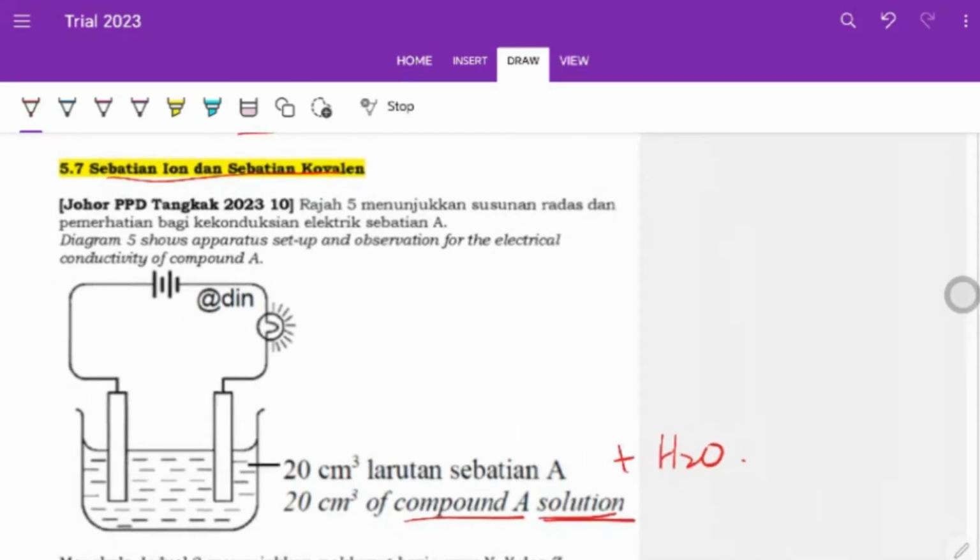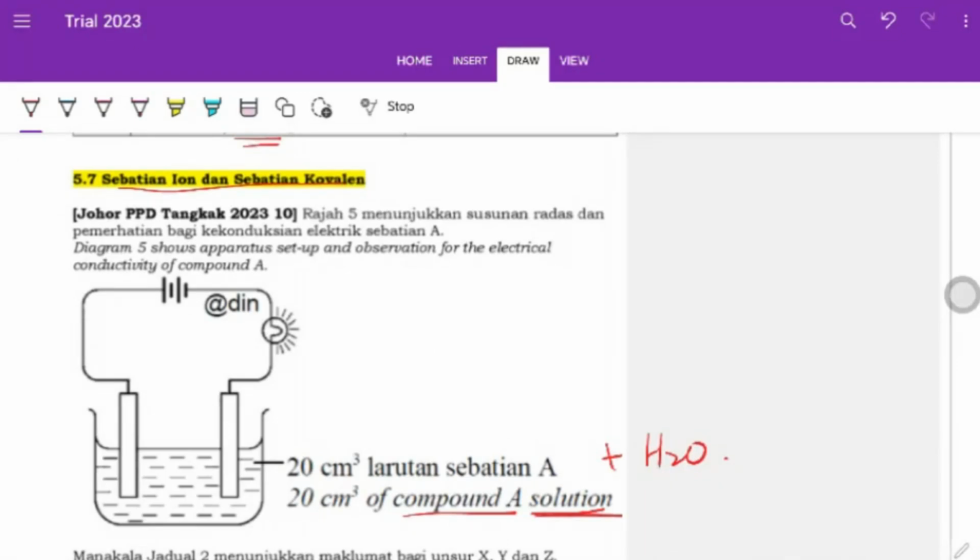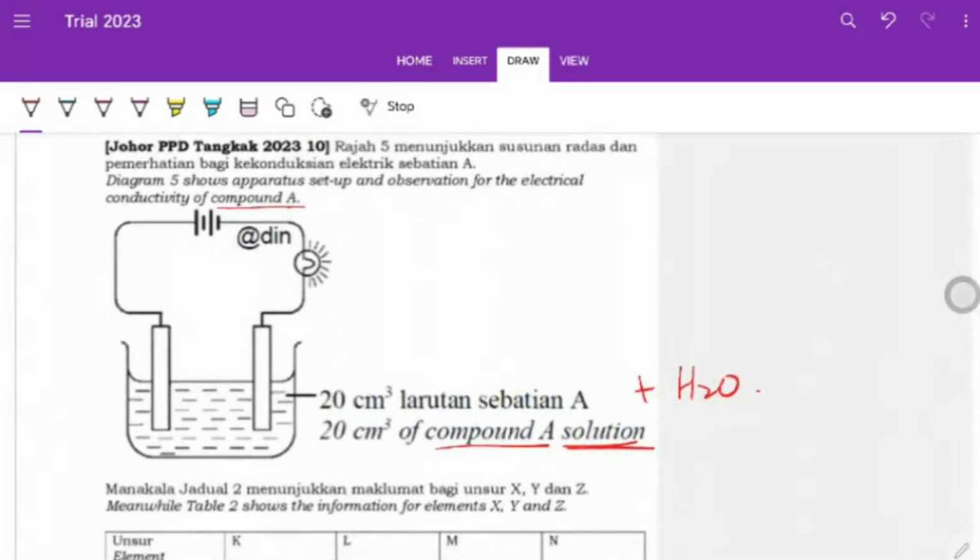Then you see the diagram, observation of electrical conductivity of compound A. Under electrochemistry, we are focusing on ionic or covalent. We are not going to use the metallic, so only look at these two.